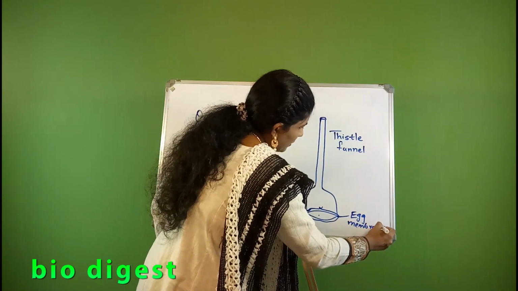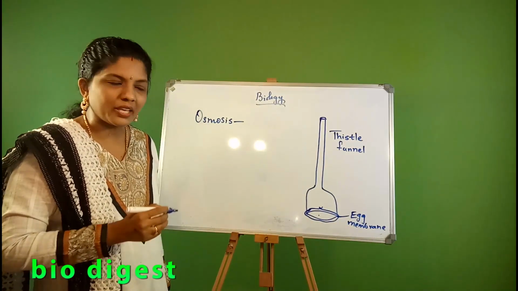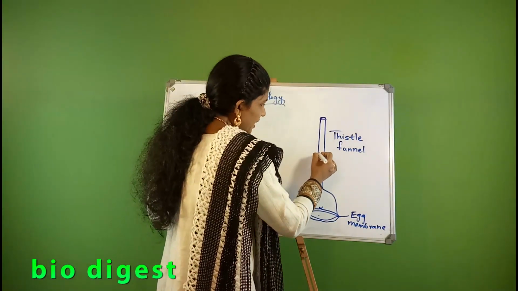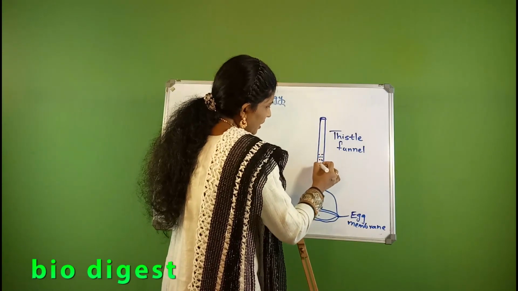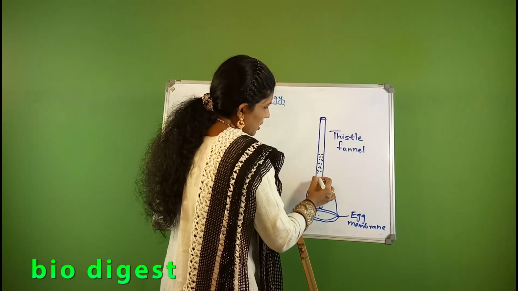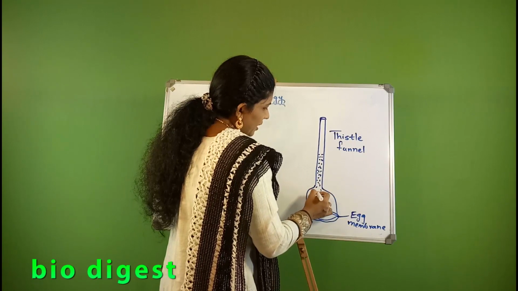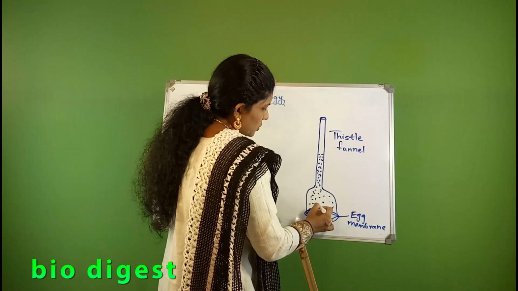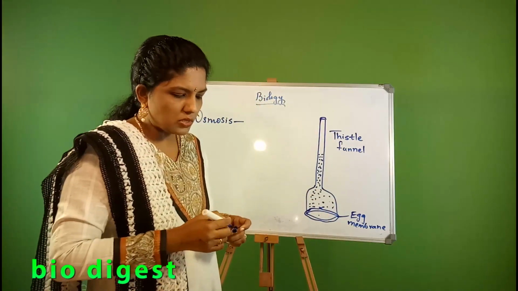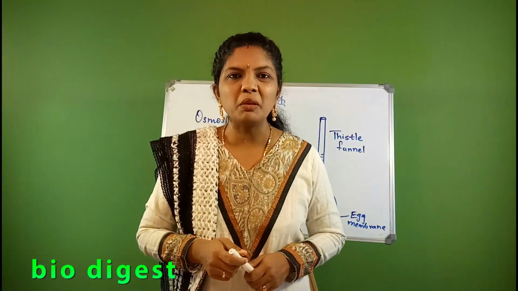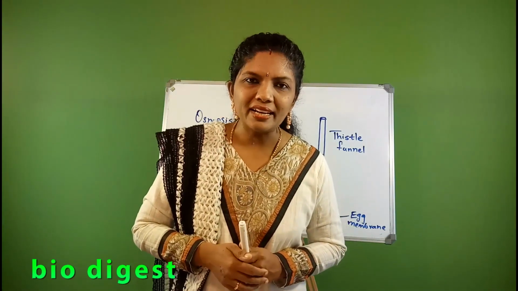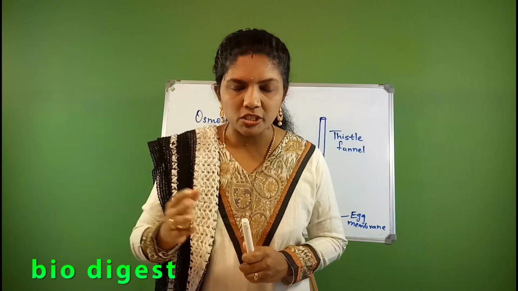Now after covering the mouth of the thistle funnel with an egg membrane, we fill this thistle funnel with concentrated sugar solution to a certain level. Okay, like this. This is concentrated sugar solution. A concentrated sugar solution can be made by taking 100 ml of water and adding 3 teaspoons of sugar to it.